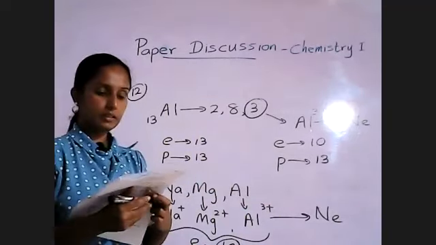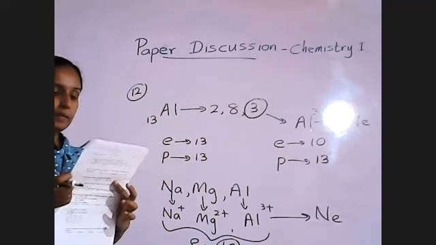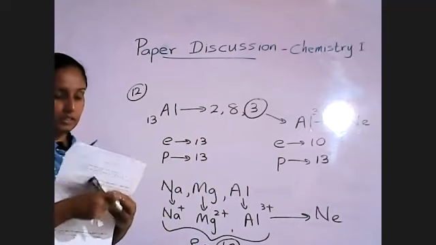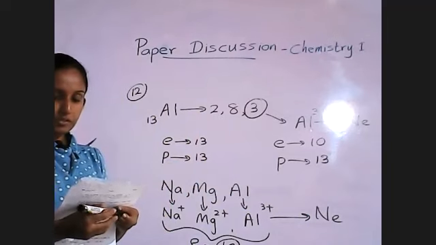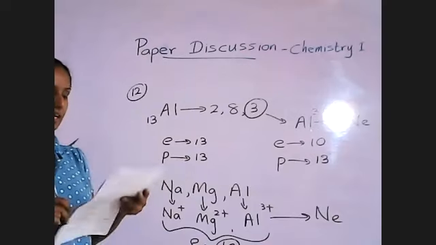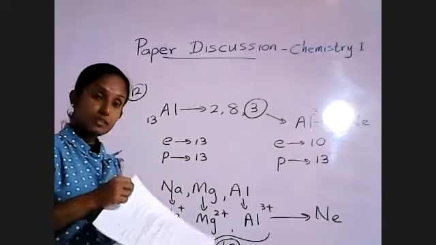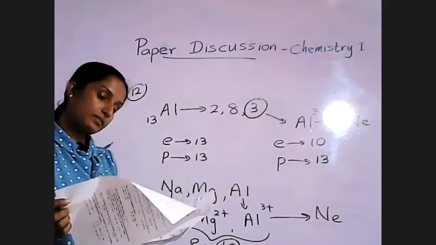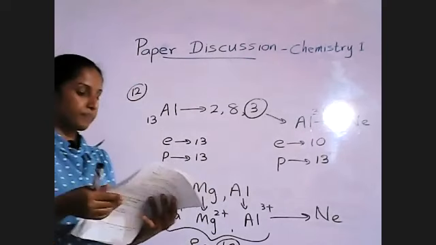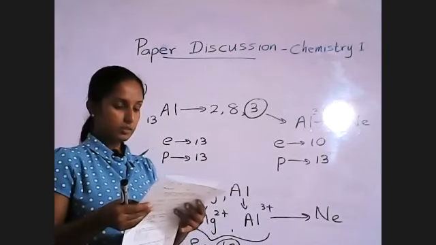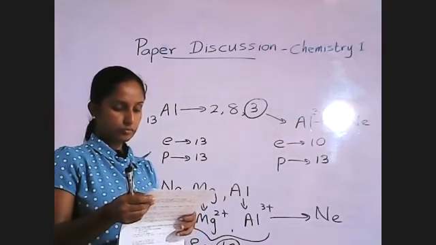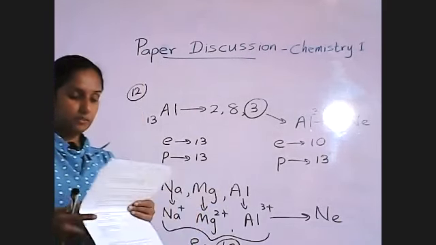Now 13. A certain covalent compound is completely ionized in water. A question like that, right? Which of the following could be this compound? We discussed that in the first and second one, no? A certain covalent compound completely ionized in water.